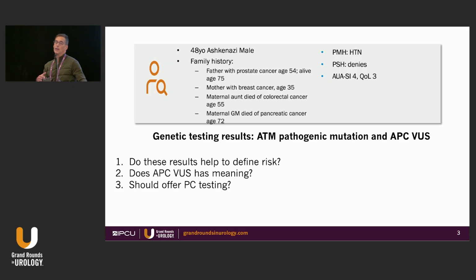The VUS is, again, my fallback on the genetic counselors, because once a VUS gets identified, although in this guy it might not matter because he already has one pathogenic, if it was just a VUS, you're obligated as the provider to follow the gene bank and make sure this VUS does not get converted to a known pathologic mutation. VUS are variants of unknown significance.